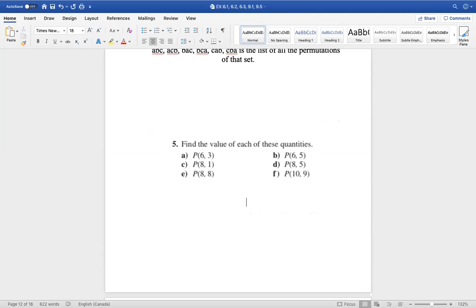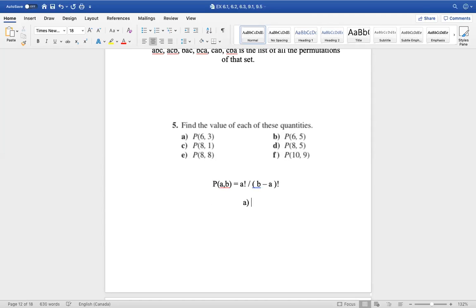I'm just writing down the formula. P for a number a to b equals a factorial divided by a minus b factorial. Okay, so if we have to take a permutation of a and b, it's according to this formula.